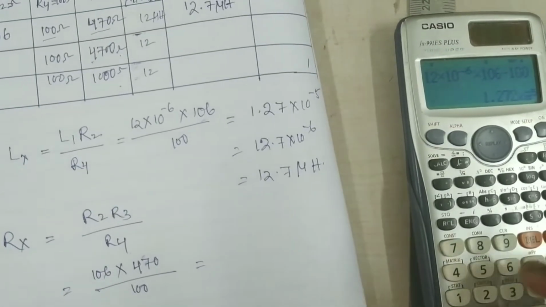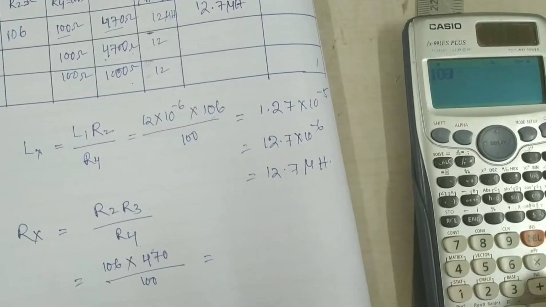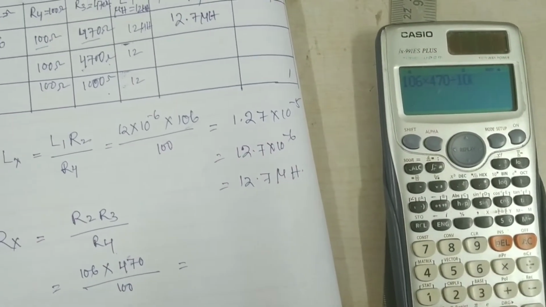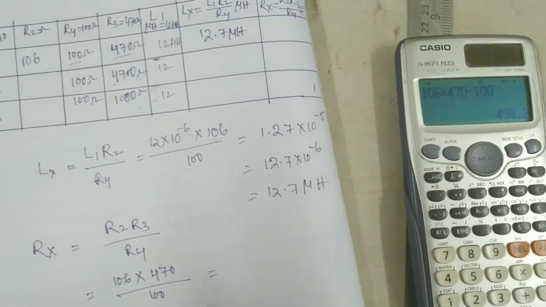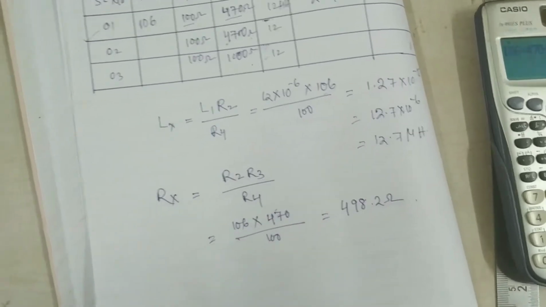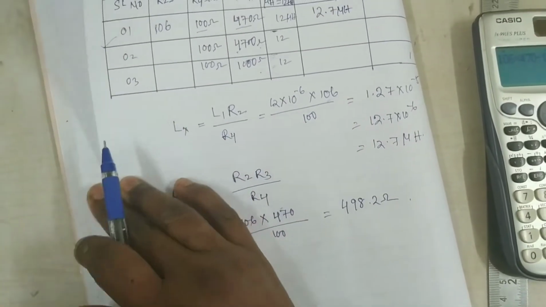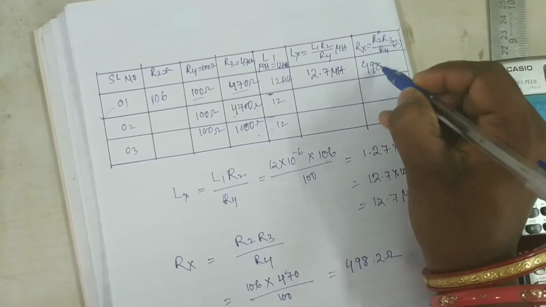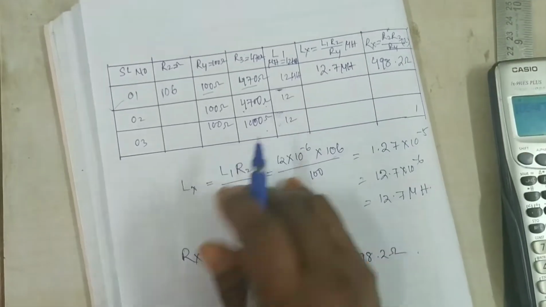So we have to calculate 106 into 470 divided by 100, which equals 498.2 ohm. So this is the calculation part. Okay, you write here 2 ohm.